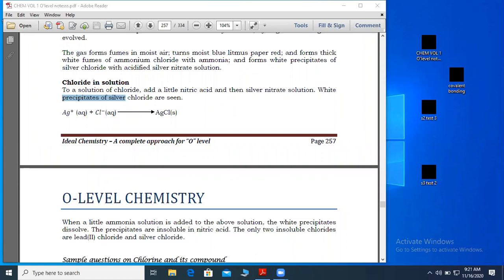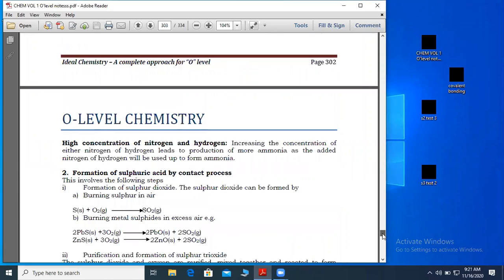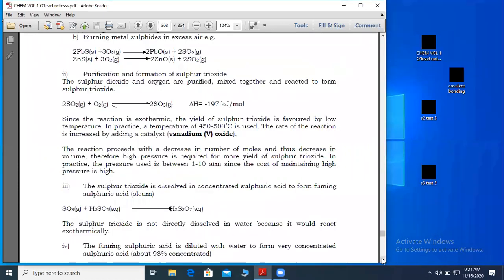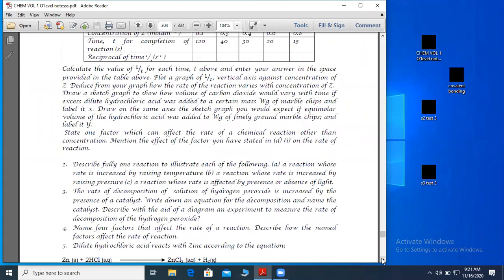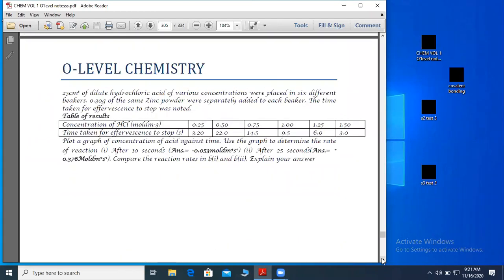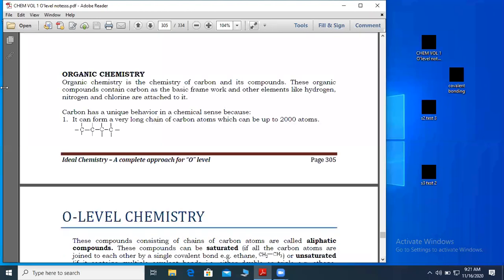If there is any question, you can ask, and if it is not there, like we agreed, we shall proceed and go to page 305 that I told you. And on page 305, we shall be reviewing our knowledge on organic chemistry. Organic chemistry is the chemistry of carbon.